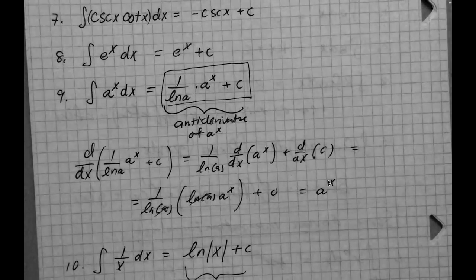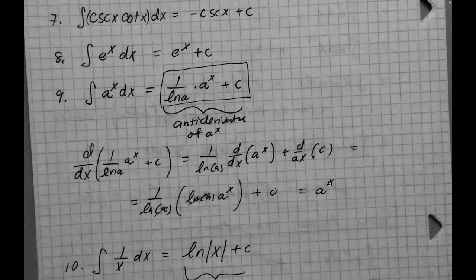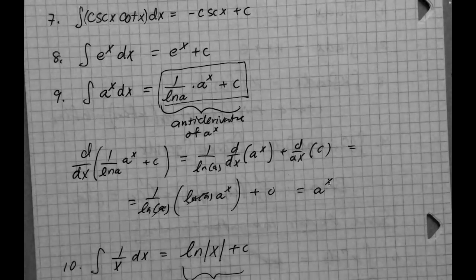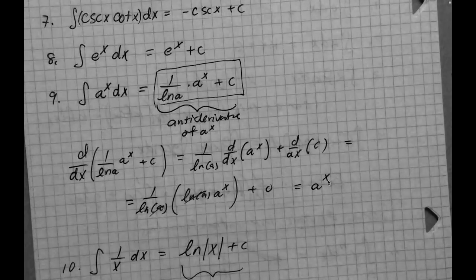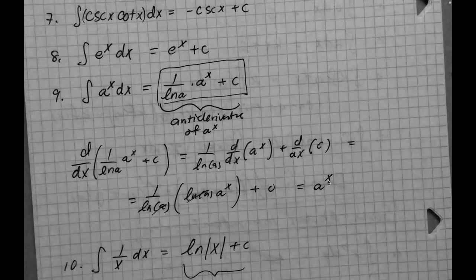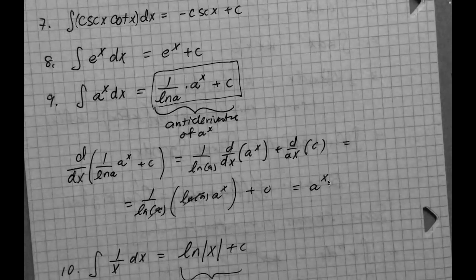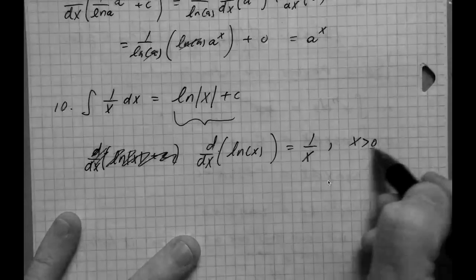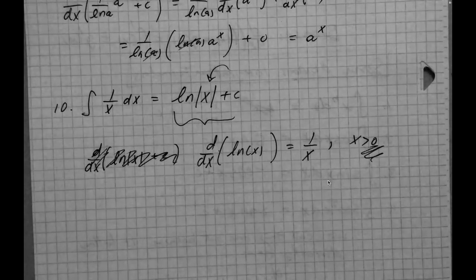Well, remember, if you differentiate the natural log of x, this is going to be equal to 1 over x, where x is a positive value. You might remember that from your Calculus 1. And so this requirement that x be a positive value is why you have the absolute value plugged into this function here.